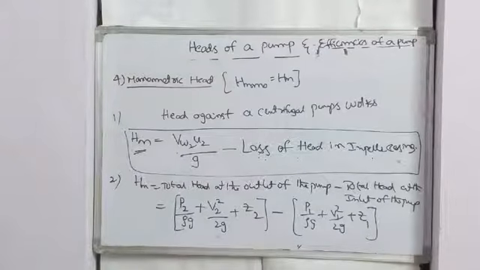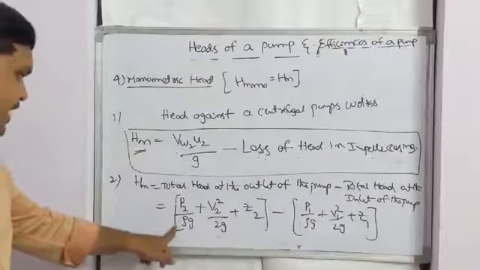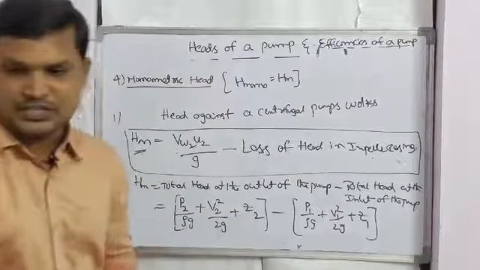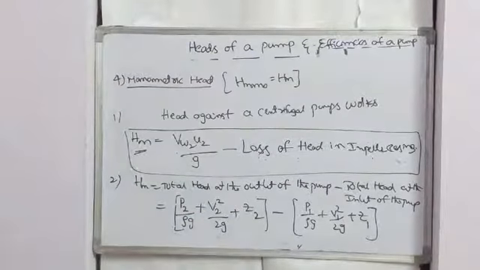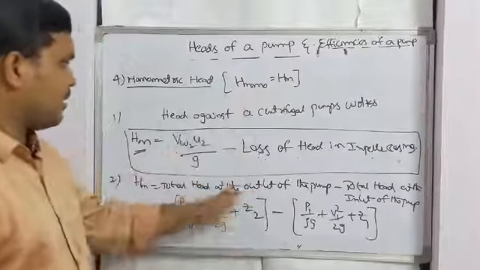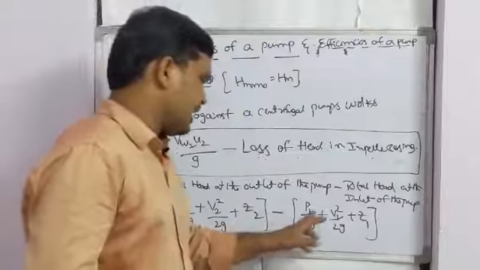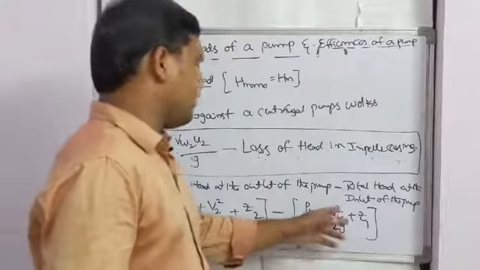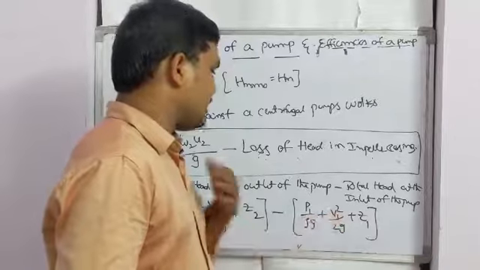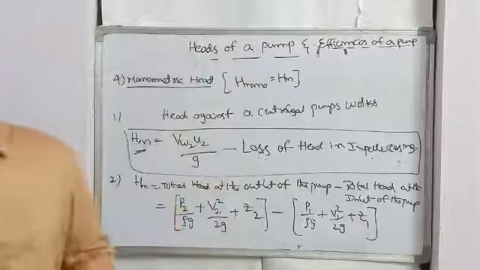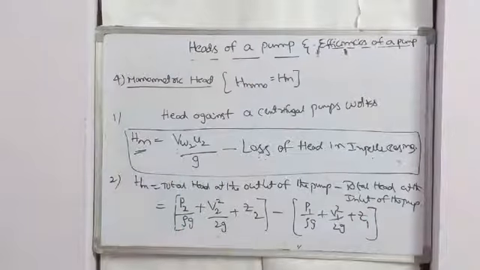P2 by rho g we call the pressure head, V2 square by 2g the velocity or kinetic head, and Z2 the vertical height or potential head. Again, P1 by rho g is the pressure head at the inlet of the pump, V1 square by 2g is the kinetic or velocity head at the inlet, and Z1 is the potential head, the vertical height of the datum from the pump.